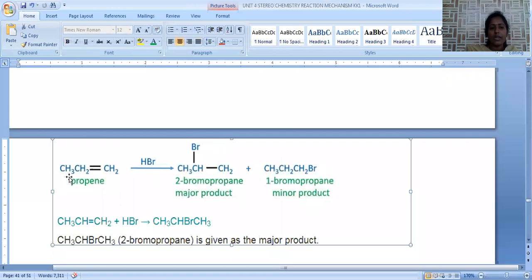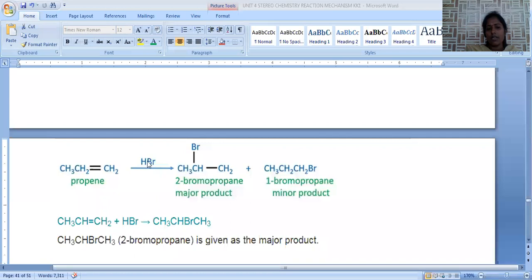This is the propene CH3CH double bond CH2, which is called propene. This propene is added with HBr. In this, H plus should be attached to CH2 and Br should be attached to this CH carbon, so that we will get 2-bromopropane as the major product.